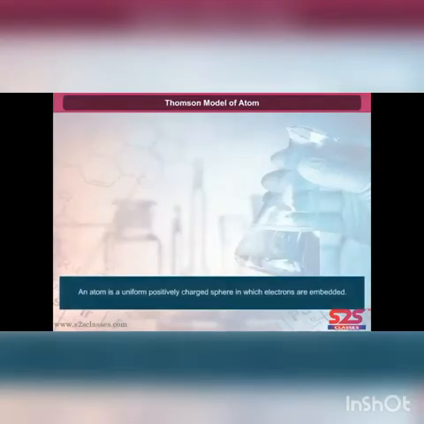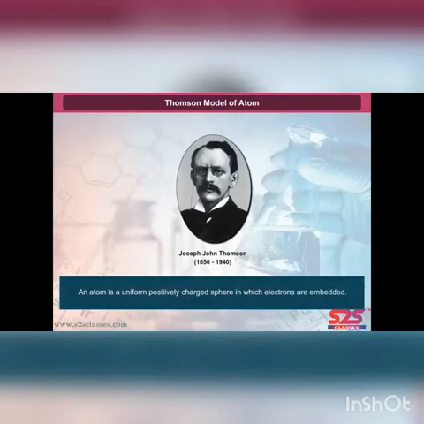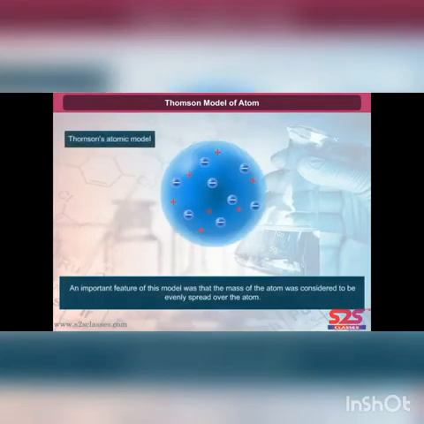Thomson's model of atom. J. J. Thomson considered an atom as a uniform positively charged sphere in which electrons are embedded. An important feature of this model was that the mass of the atom was considered to be evenly spread over the atom.